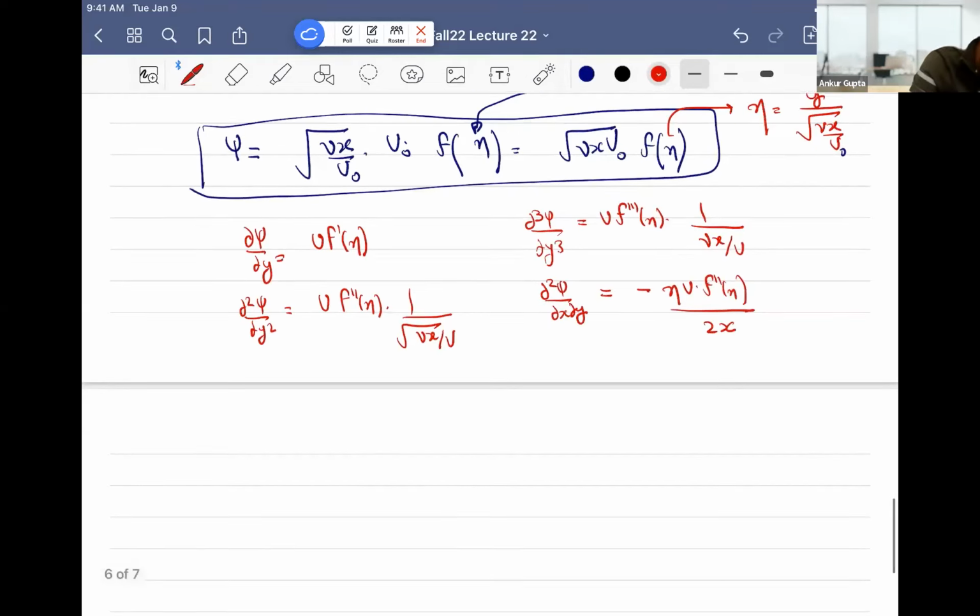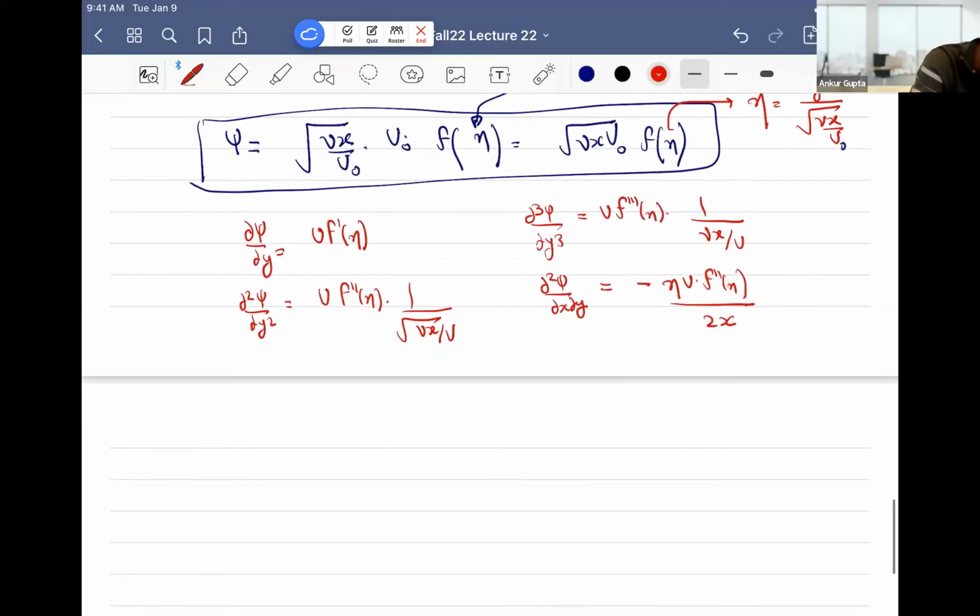And finally, del psi by del x. Please verify this, by the way. This may not be all accurate, so please do verify this.